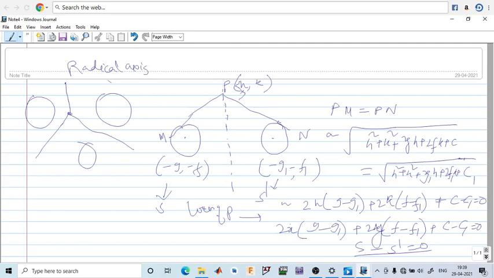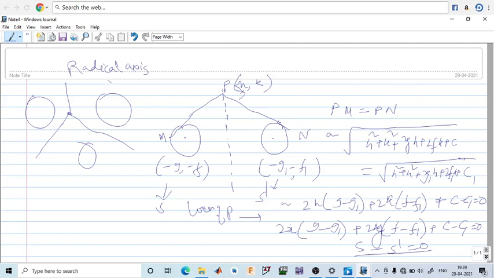The point of intersection of the three axes is known as the radical center, and from that center the tangent length to each of the circles is known as the radical radius, right?